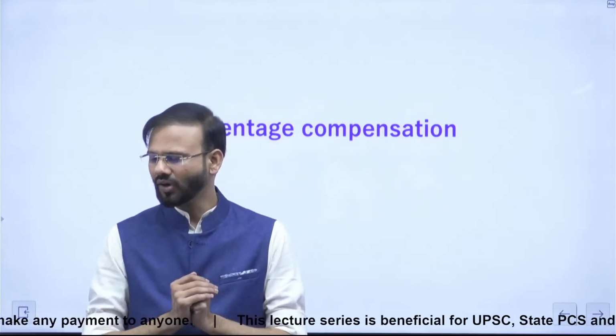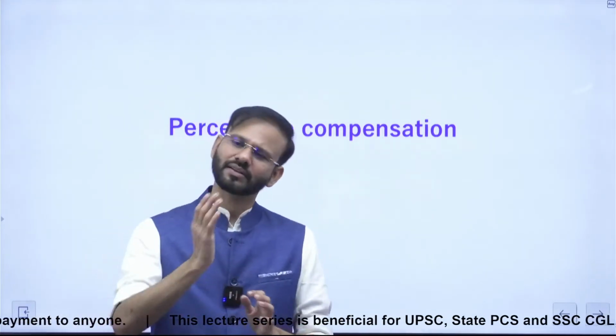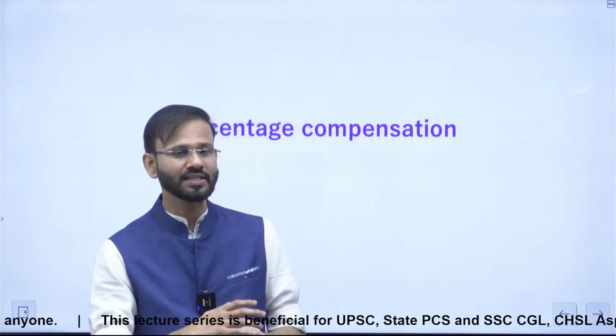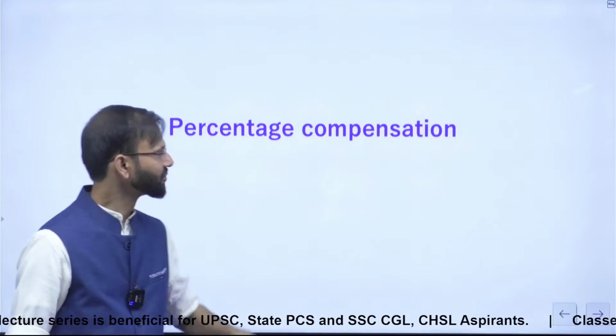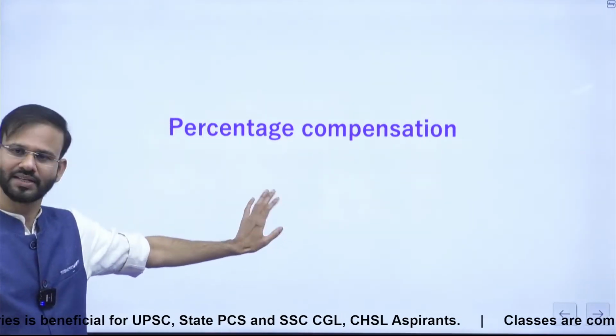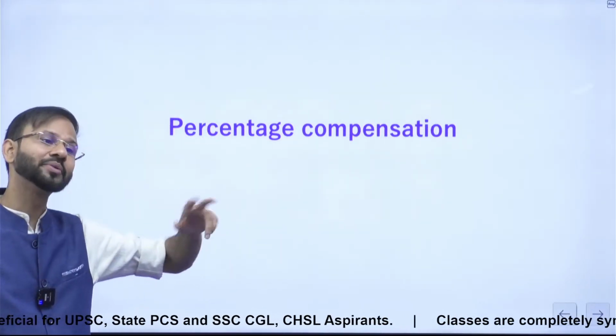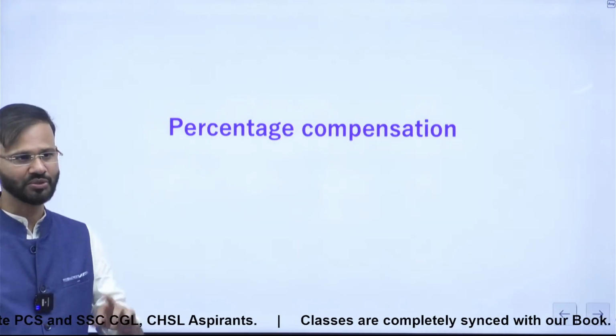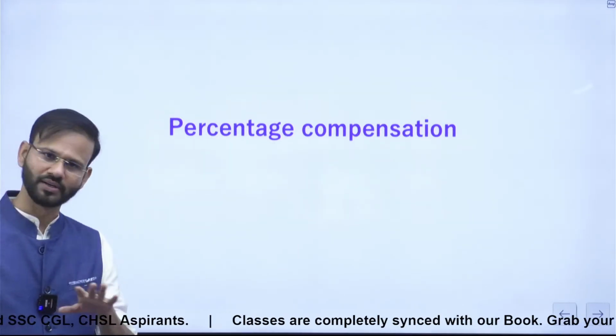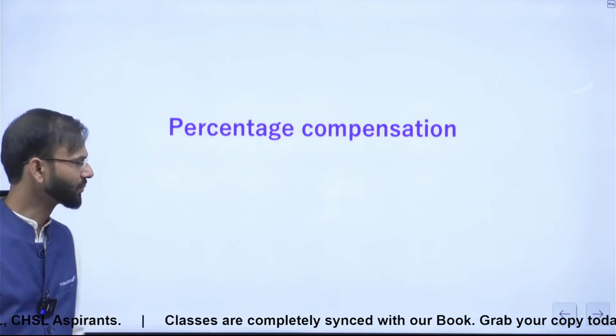Or if the price reduced, suppose, then how much extra are you getting for the same sum? So these things we are going to calculate in this topic. Guys, it is clear? As the name suggests, it's compensation. How much it is compensating the quantity for the fluctuation in the price. Clear now, friends? Okay.